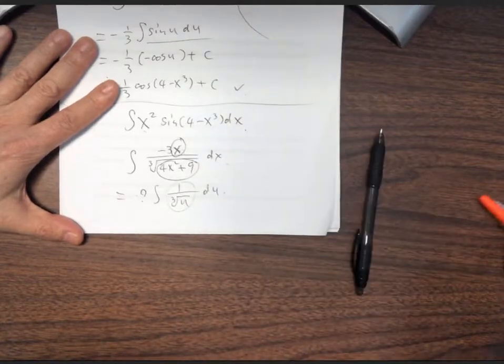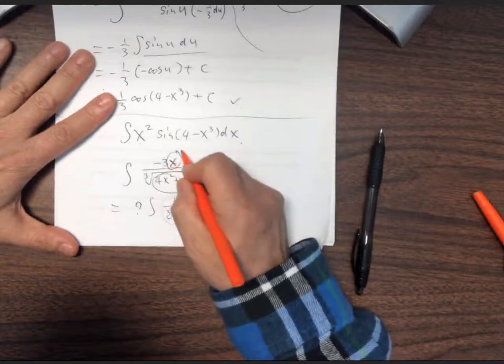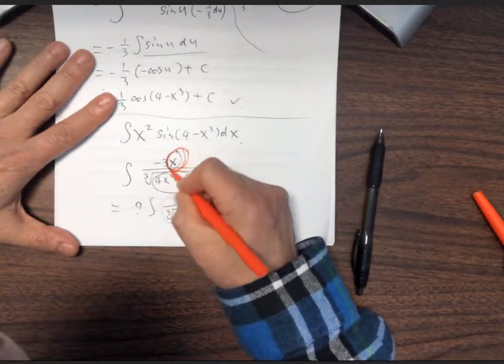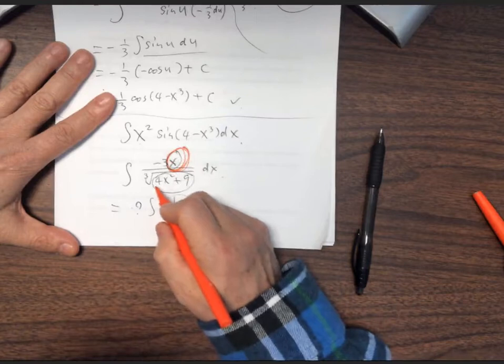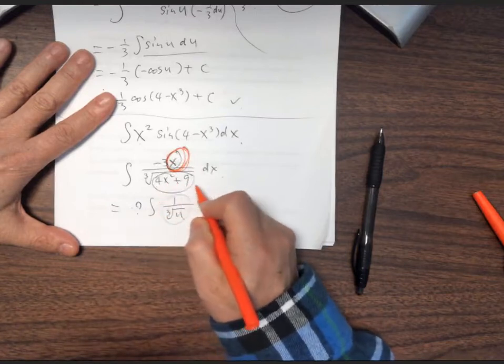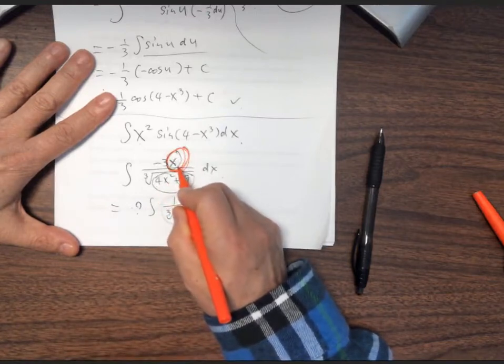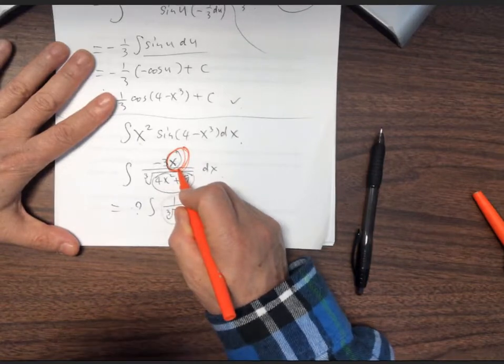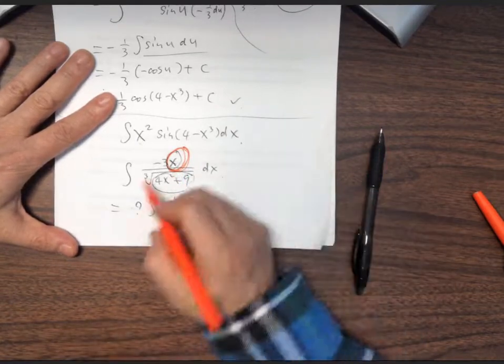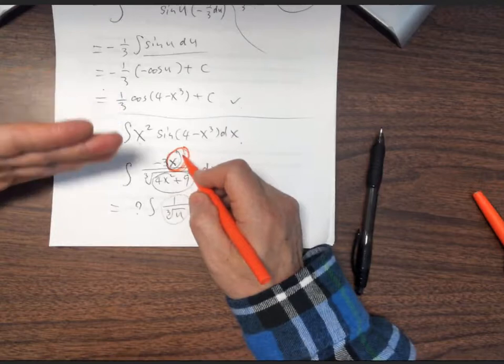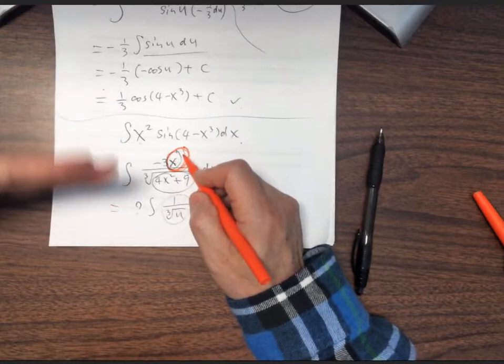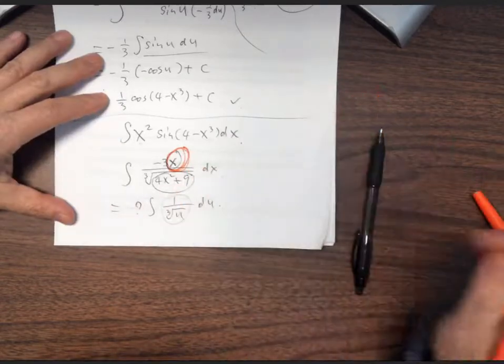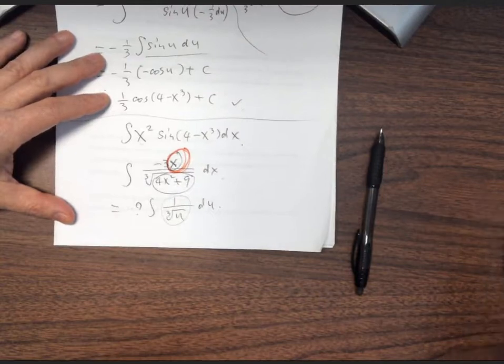So this is what I want to talk about: supporting factor. For u equal to 4x squared plus 9 to work, we better have the first power of x. So this supporting factor basically is sort of like a derivative of the substitution you have in mind. It's really that simple.